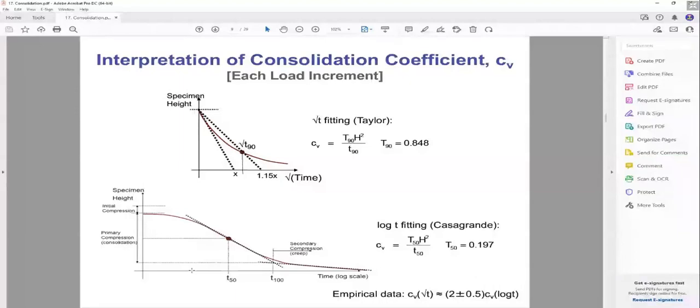For each loading, we got data for a 24-hour time period. Now, for each loading stage, we're going to calculate the specimen height, because as we load, the height is changing, right? So the specimen height versus time.